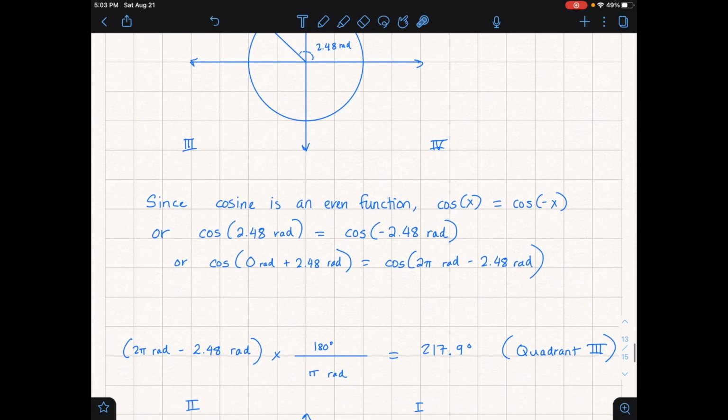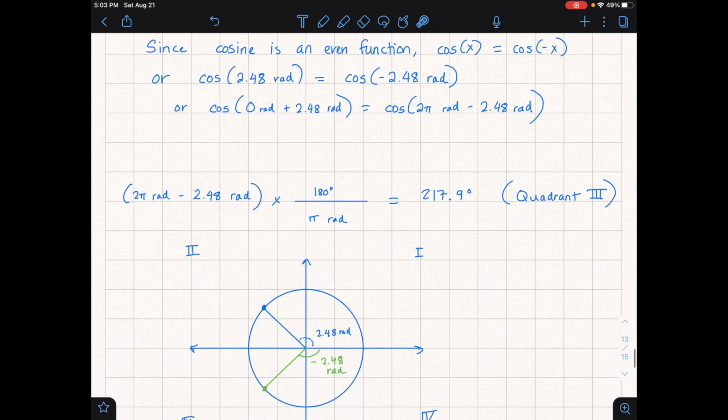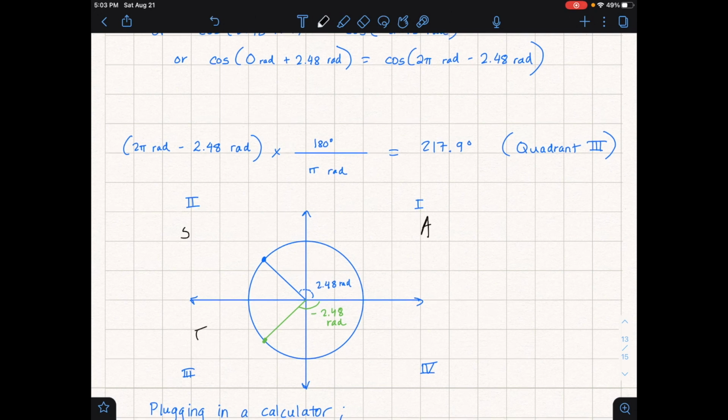And if you solve for what the degree angle of 2 pi minus 2.48 radians is, you'll get about 218 degrees, or 217.9 degrees. That's in quadrant 3, and that's what I've drawn right here. Remember that cosine is negative in quadrants 2 and 3 because of that acronym I never seem to remember: All Students Take Calc.